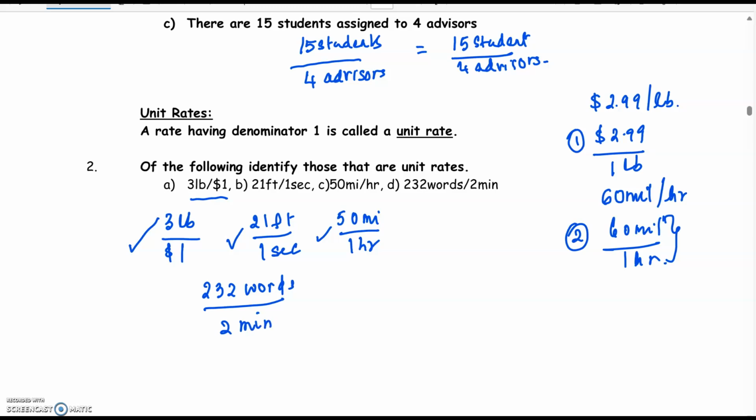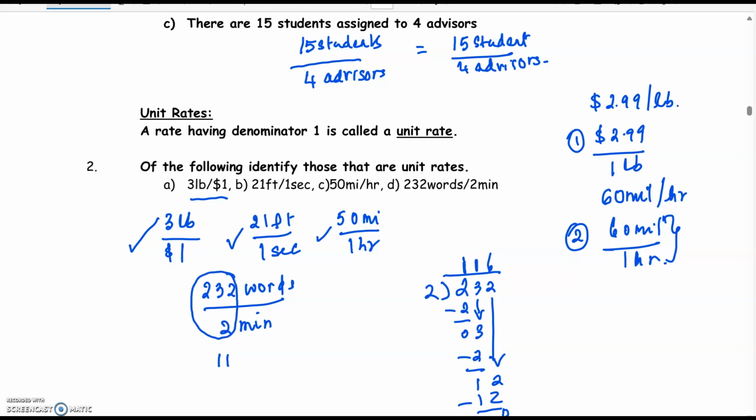However, if we divided 232 by 2, 2 ones are 2, subtract, get a 0, bring the 3 down. 2 ones are 2, subtract to get a 1, bring the 2 down. 2 times 6 is 12 and the remainder is 0. So I get 116 words per 1 minute.